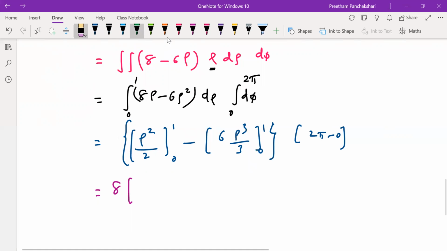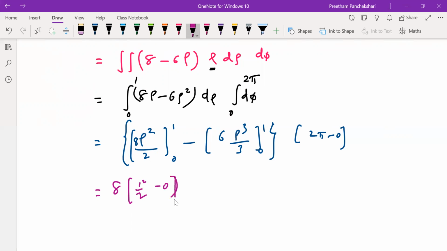So this 8 is applicable only for the first term. It's not a common factor. So 8 into limits 1 square by 2 minus 0.